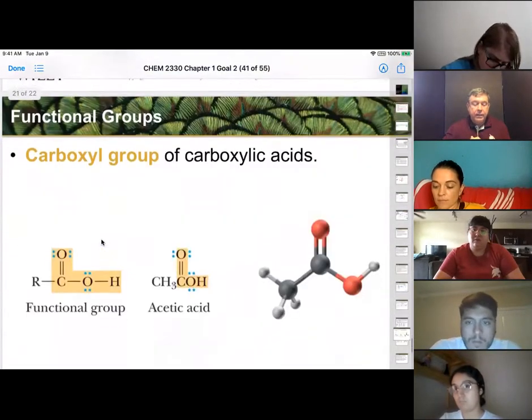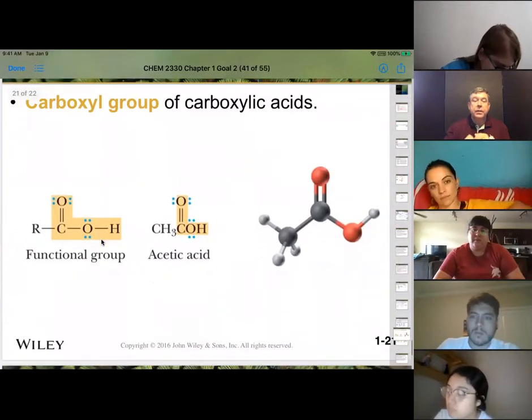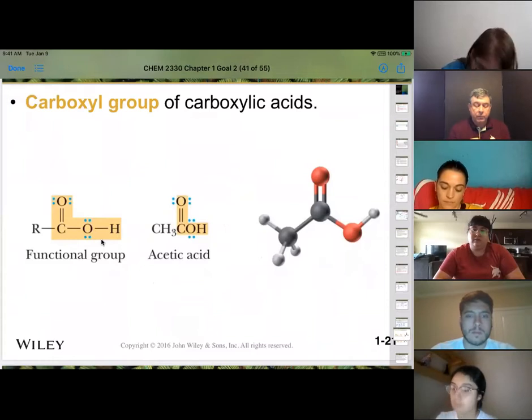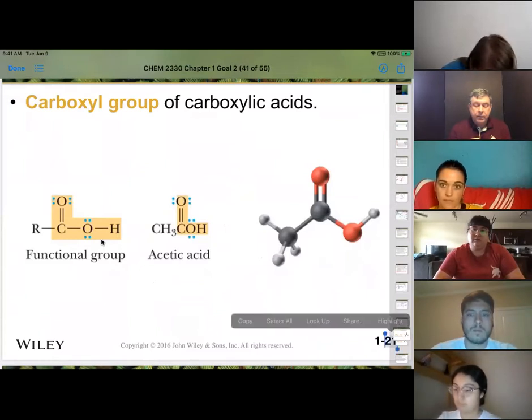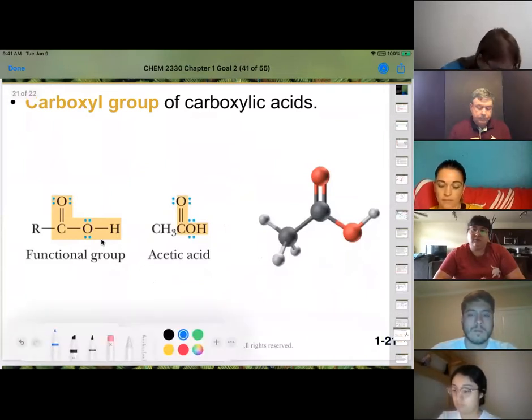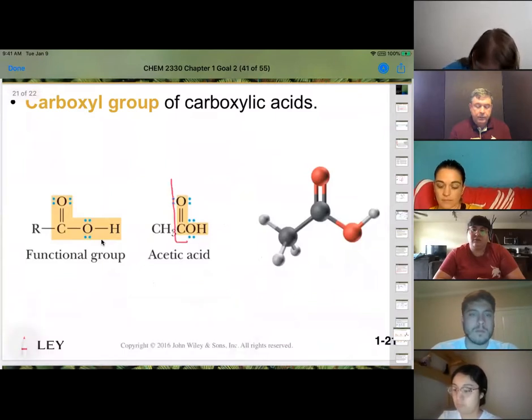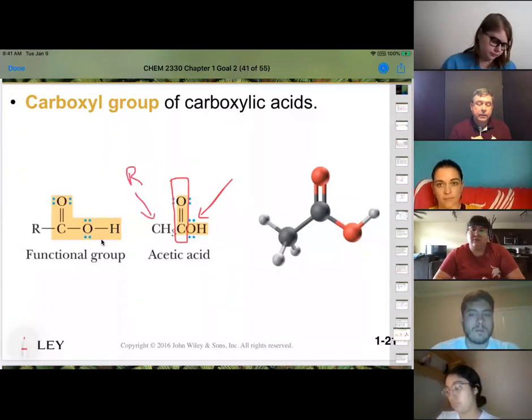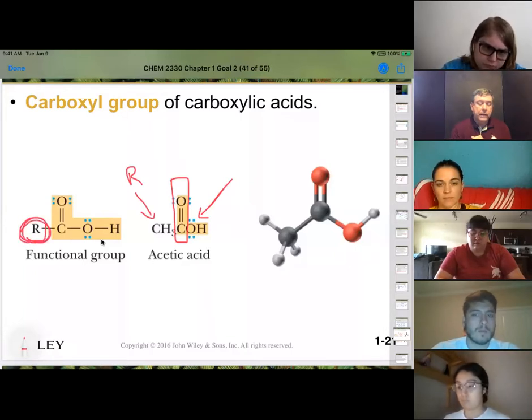All right. The next functional group that uses the carbonyl is called the carboxylic acid. In its simplest form, it is basically a carbonyl right here, bonded to an OH on one side and an R on the other. Any kind of alkyl group can be an R, and it has an OH on the other side.